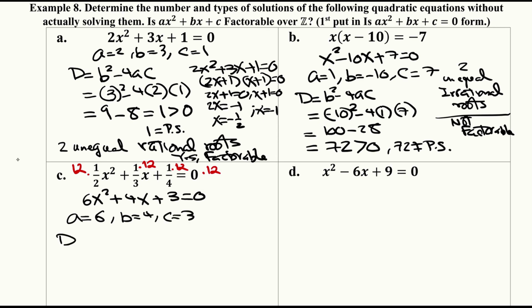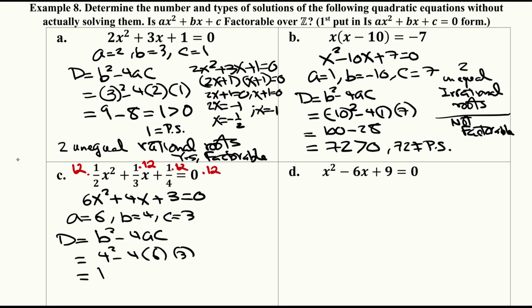So the discriminant will be B squared, which is 4 squared. Let me actually write down the general form so we stick with our consistency. So b squared is 4 squared minus 4 times a, which is 6 times 3.